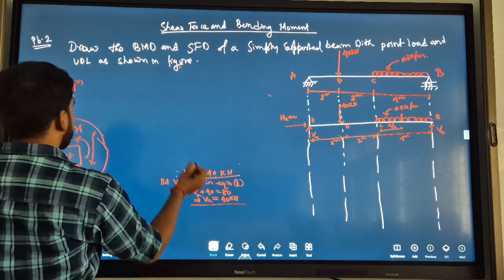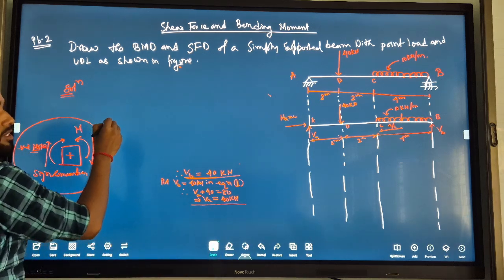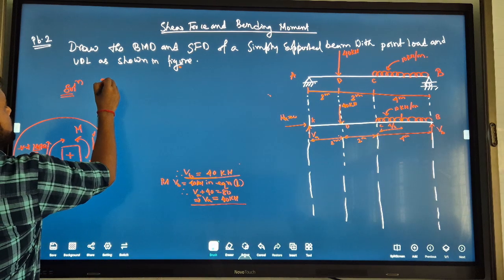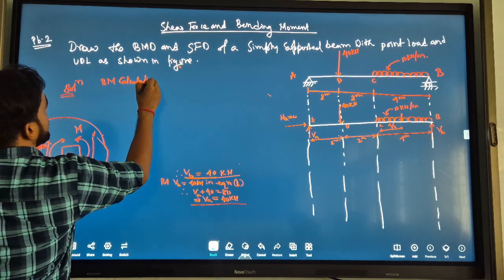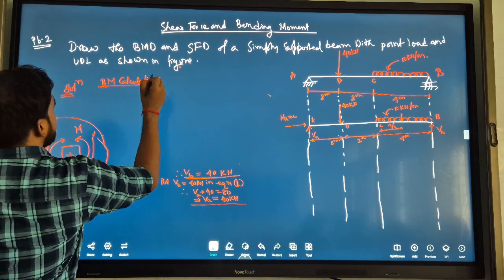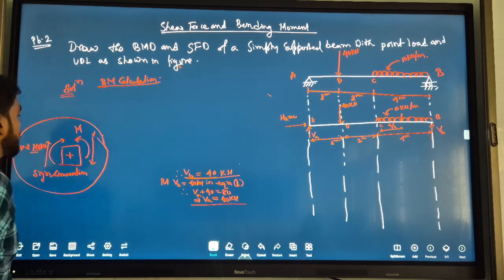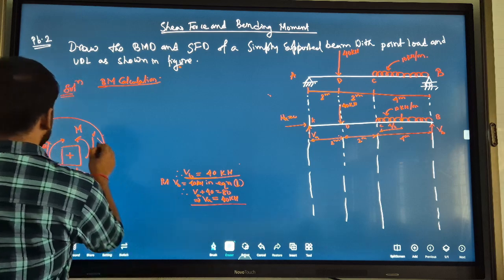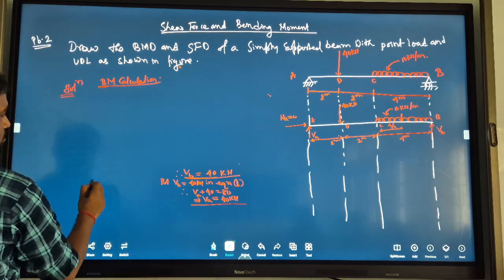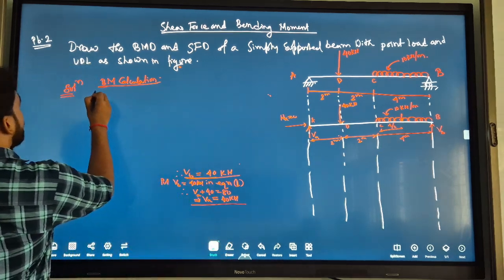Now bending moment calculation, or BM calculation. First write the sign convention.